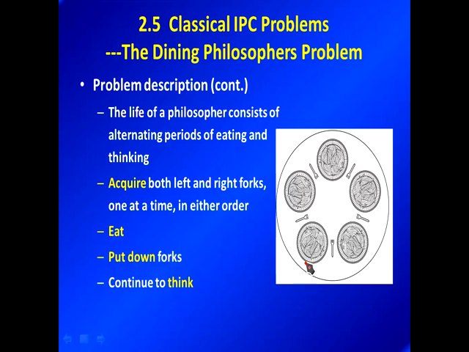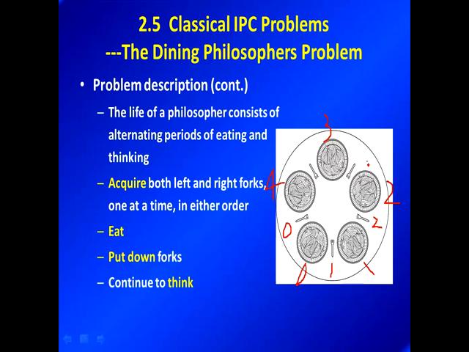So we suppose there are 5 philosophers, and we name them 0, 1, 2, 3, 4. So there are 5 processes, and we just give each fork a number so we can identify them. We just number the forks like this.